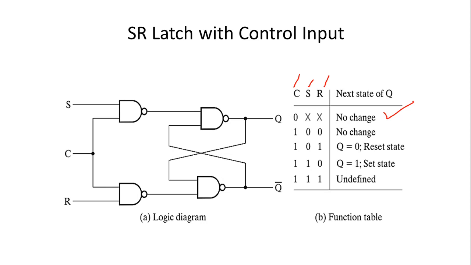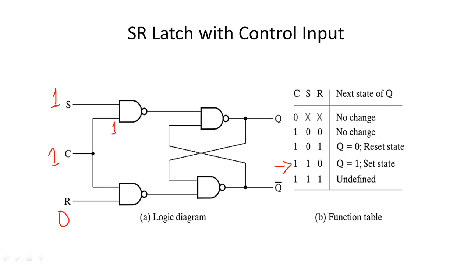Okay, now let's evaluate this latch starting from the set state. For the set state, we need to feed S 1 and R 0, and the clock is also 1.